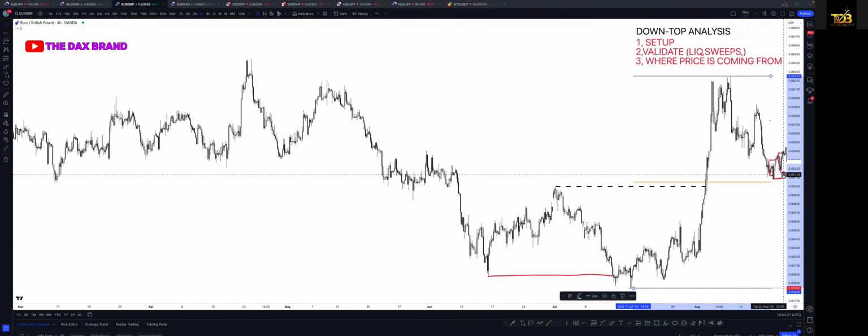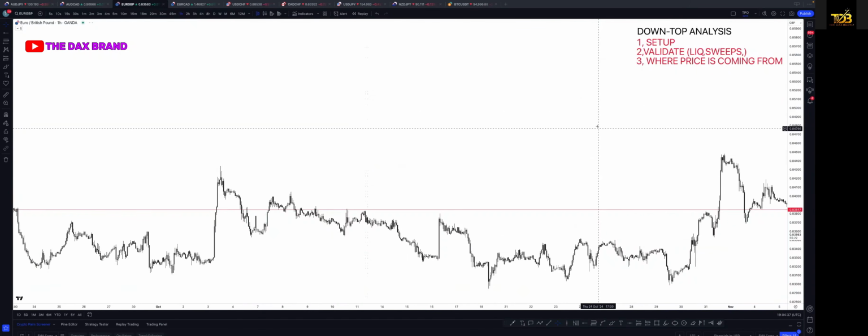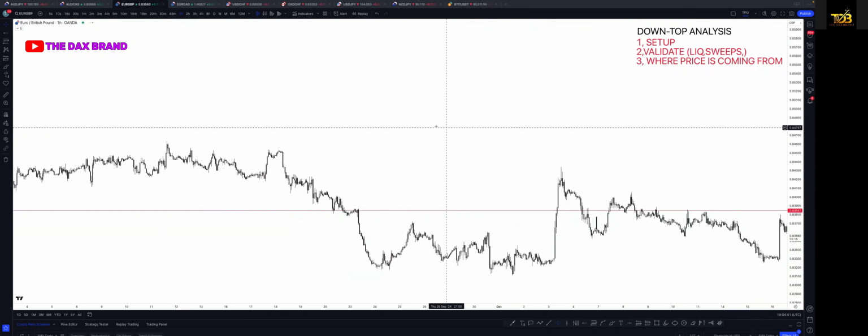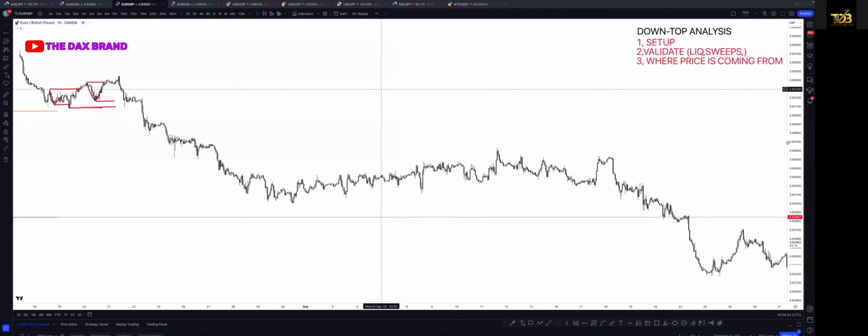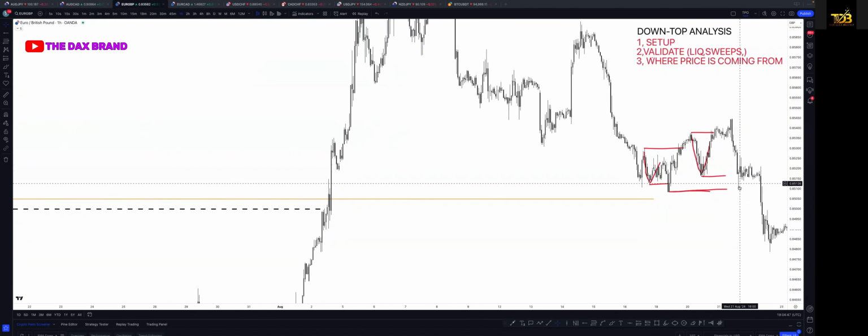You don't take the trade. If it doesn't align, then it's not a good trade, right? And what happened to it? Eventually, we can see that the setup failed, right?